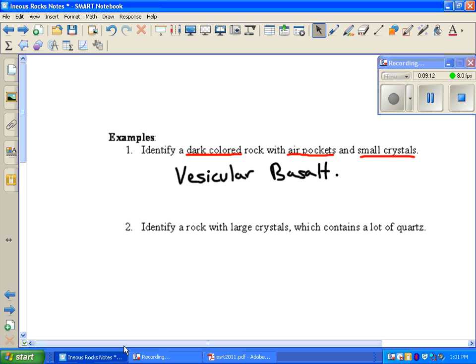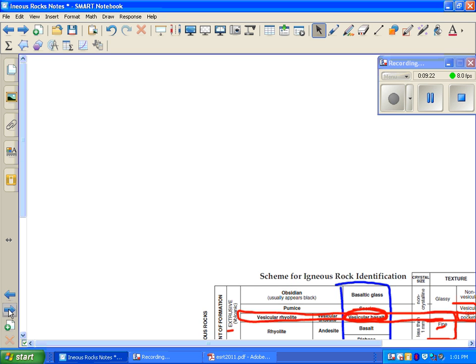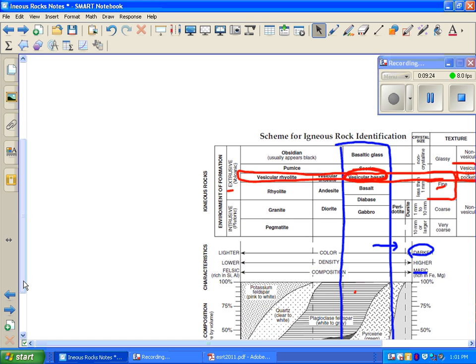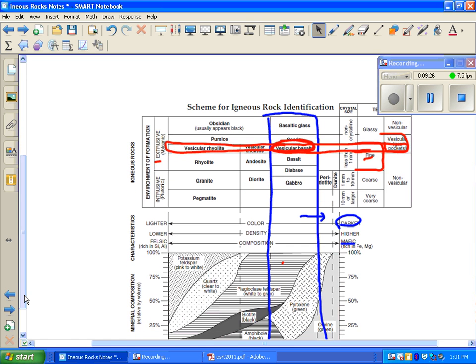Our second example, we have a rock with large crystals, and it contains a lot of quartz. So we're going to use those two clues to identify our rock. And again, we're going to go to the same reference table. And we're going to erase what we've done before.